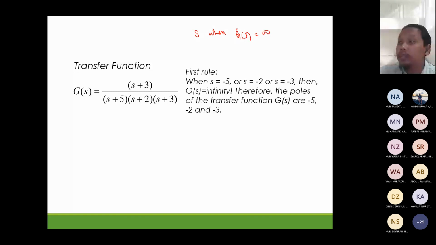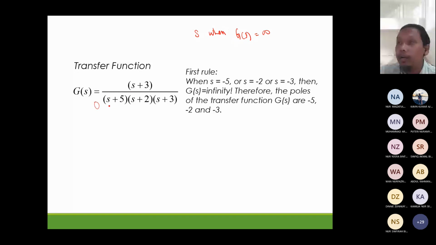Okay, this is the first rule. So what are the values of s that cause this function to become infinity? So the only values that cause this function to become infinity is when you have 0 at the denominator. Okay? The denominator is zero.